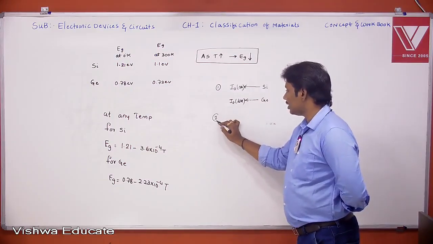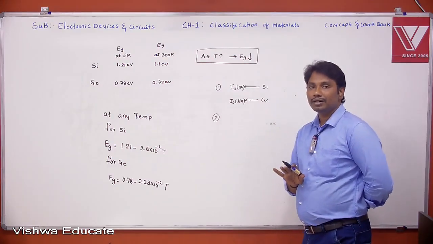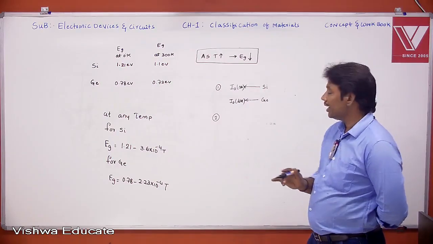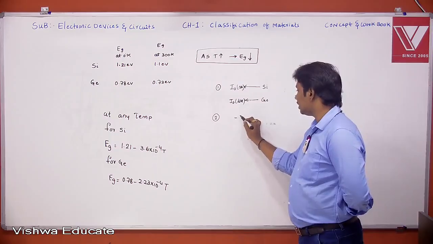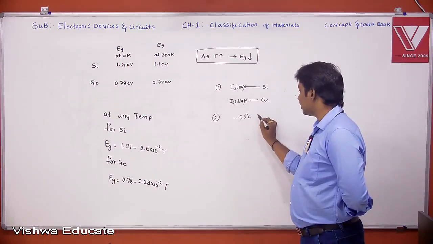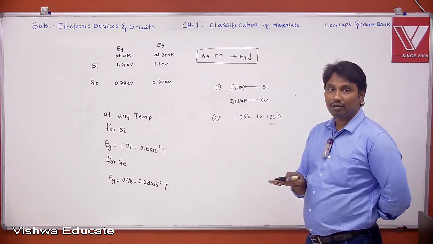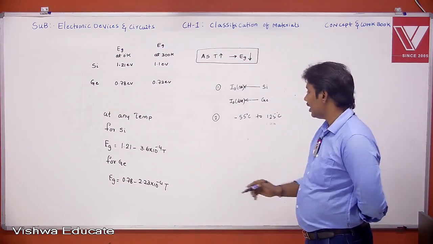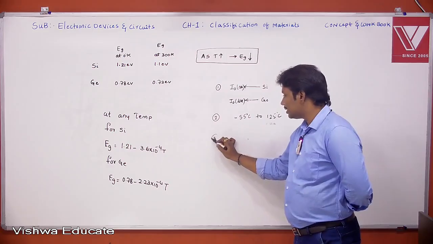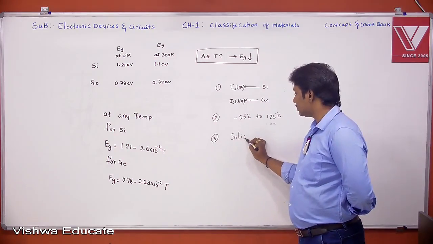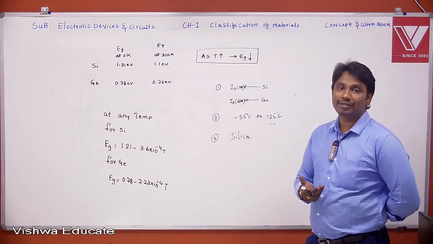And the second point is actually silicon has better physical characteristics, due to which it can operate at a wide range of temperature, that is minus 55 degrees centigrade to 125 degrees centigrade. That means it is thermally stable, right? And one more point actually, silicon is available in the form of silica, which makes the fabrication process very easy.